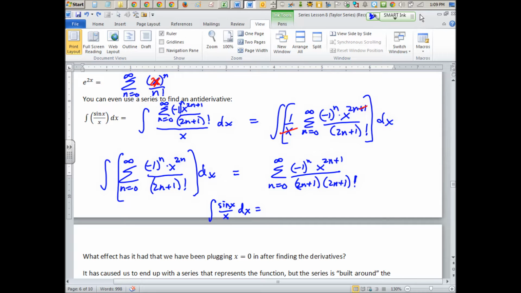If you plug in 0, you actually get just x from doing this. If you plug in 1, it goes negative, and you get x cubed over 3 times 3 factorial. If you plug in 2, it goes positive, and it becomes x to the 5th over 5 times 5 factorial. If you plug in 3, it becomes negative, and it's x to the 7th over 7 times 7 factorial.